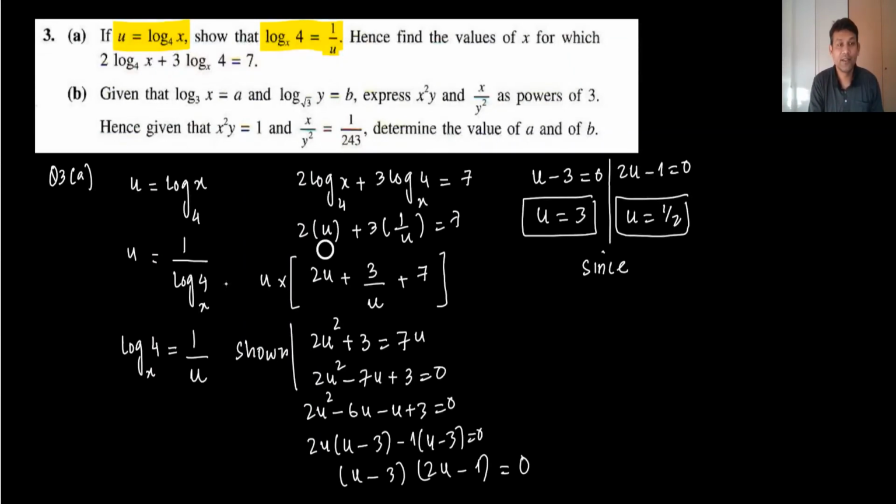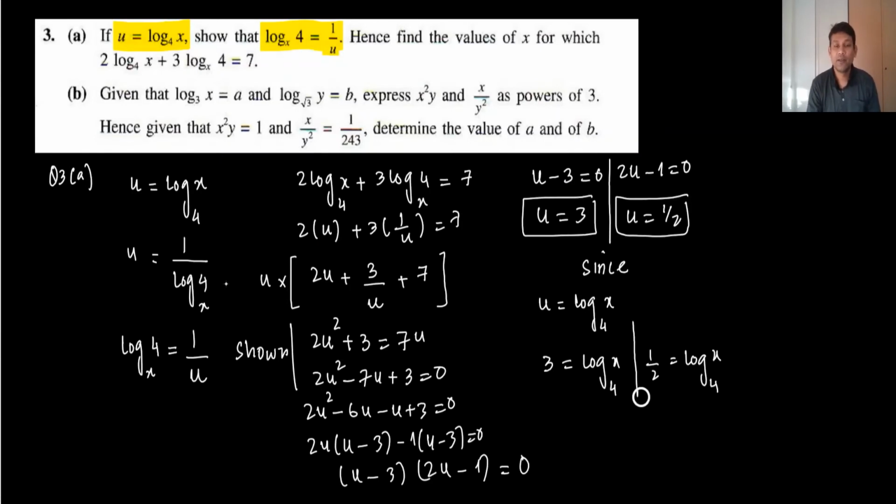So I have to apply substitution, meaning u is equal to log 4 x. So in the place of u, I will write 3 is equal to log 4 x. And here I will write 1 upon 2 is equal to log 4 x. Now, once again, we have to apply index form and log form.